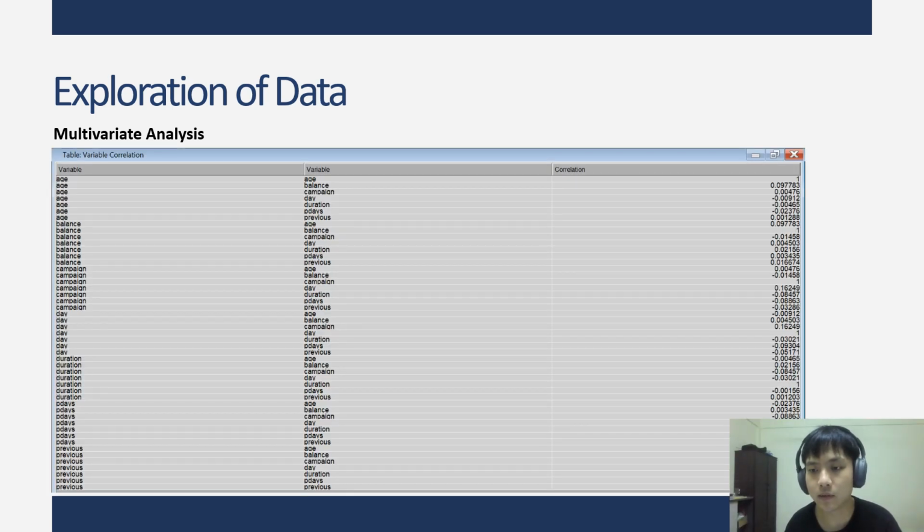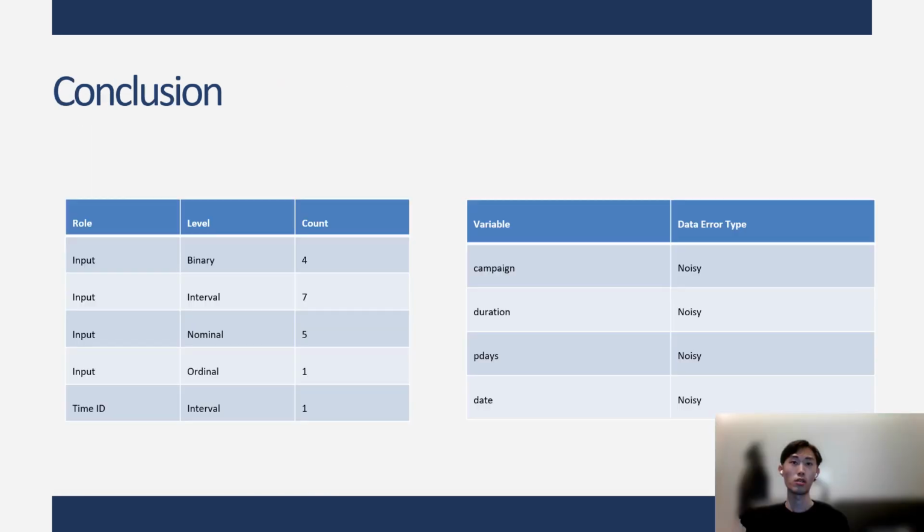Correlation values exceeding 0.9 are removed to avoid any potential bias. Based on the provided graph, there is no correlation value exceeding 0.9, indicating that there is no variable that needs to be removed. The next part is the conclusion.